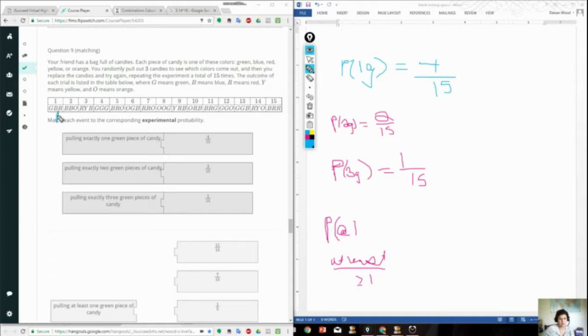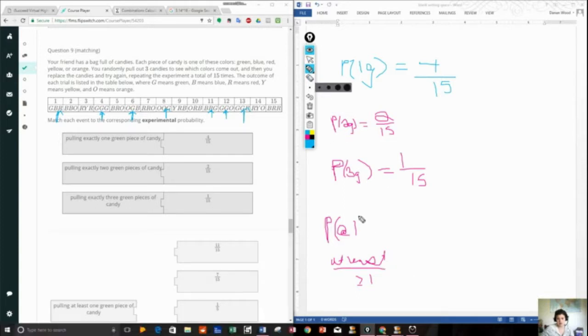So we have 1 green there, 3 greens, 1 green, that's at least 1, that's at least 1, that is at least 1, event 12 is at least 1 because it has 2, event 13 is at least 1 because it has 2 green.